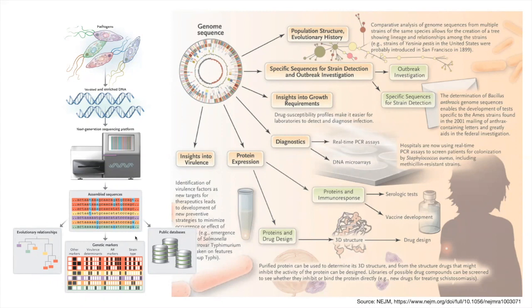What you see here are ways to study evolutionary relationships to understand the emergence and trace the origins of diseases. We can also look at virulence, or what causes a change in phenotype, how one virus, for example, can be more virulent, more infectious. We can look at protein expression, and using those proteins design different types of molecules that can interfere with the function of those proteins.